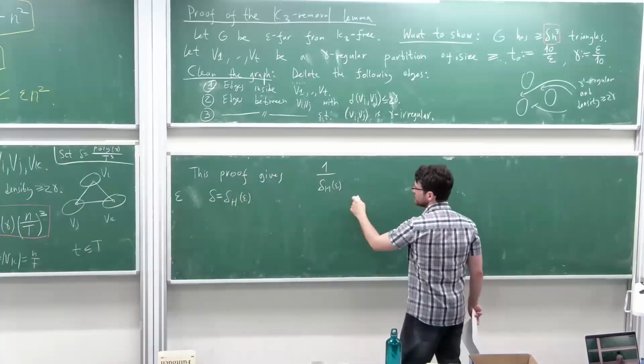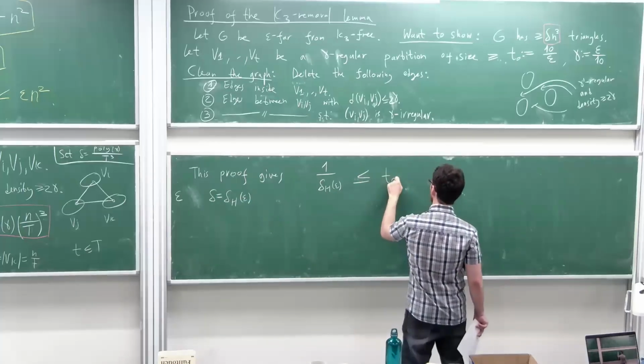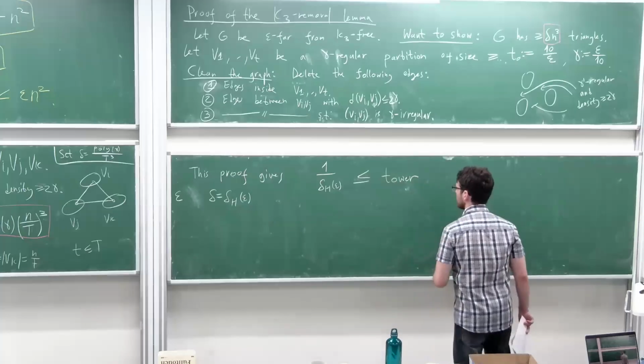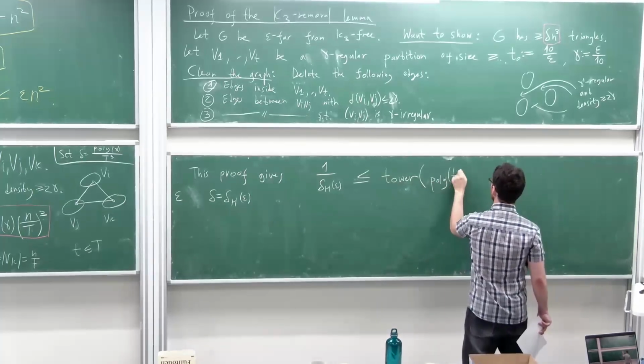Right, so what this proof gives is that 1 over delta is at most some tower of height polynomial in 1 over epsilon.